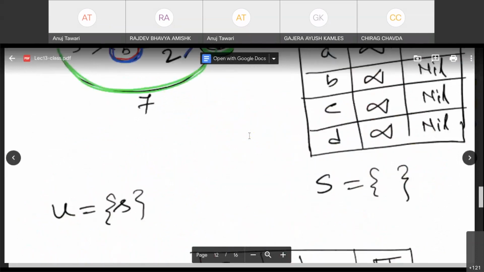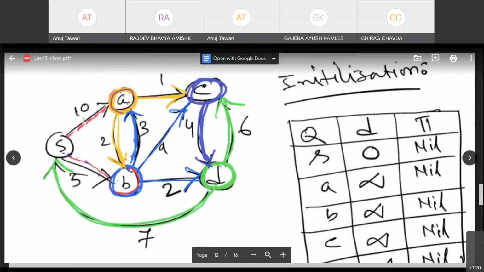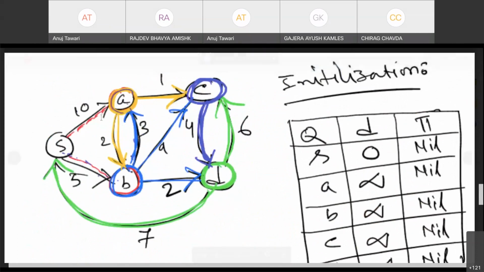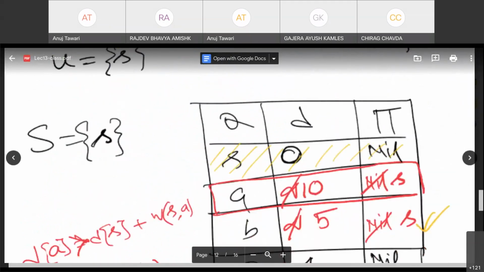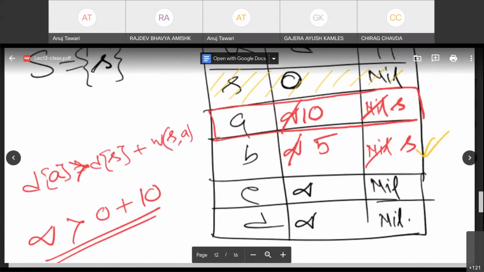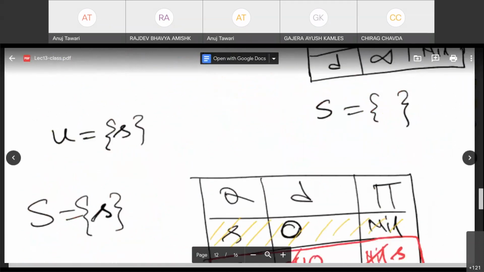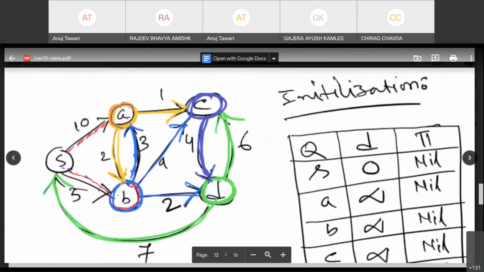Similarly, there is an edge from S to A, and we'll set this to 10. And for sure, we know that whatever is the minimum weightage from S to B, this is going to be the shortest path, because any other way you go from S, using larger weight edges, is not going to work.